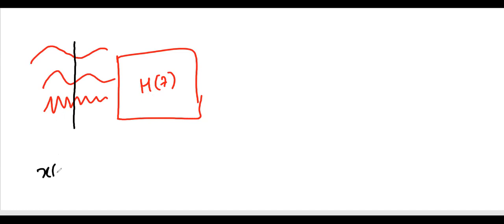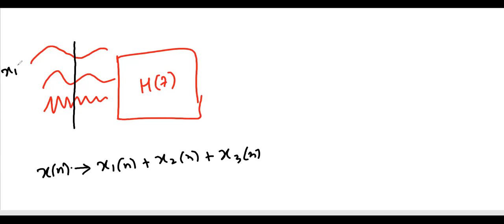Let's say we have a signal x[n], which is x1[n] plus x2[n] plus x3[n]. So we have 3 signals: x1[n], x2[n], and x3[n].